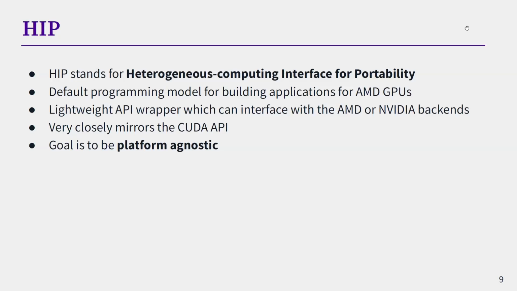The API is quite wide, and part of the idea is that you can compile your code down to CUDA as well. So it isn't just something for AMD GPUs. You can write the code once and then compile down to NVIDIA or AMD.